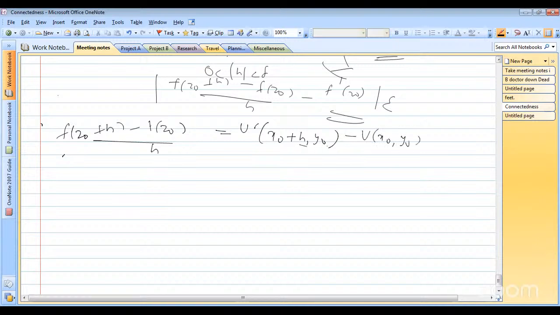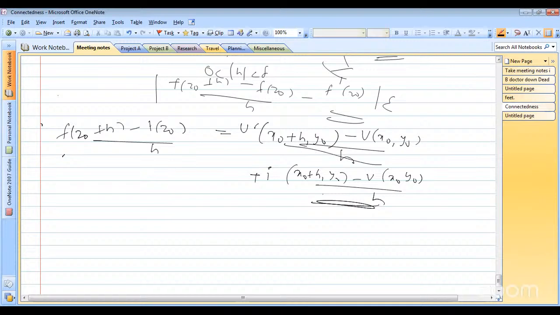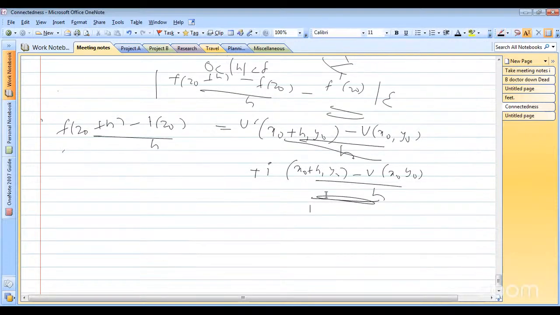See here, the very important thing is the real part and the imaginary part, which we separate. So what is the real part and what is the imaginary part?